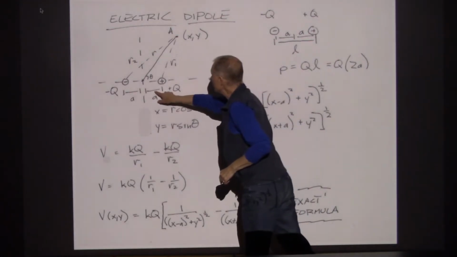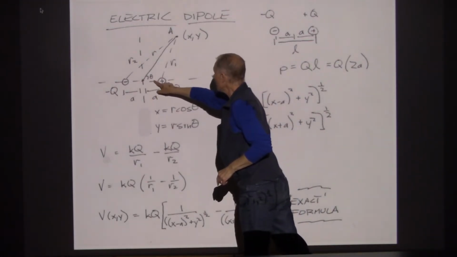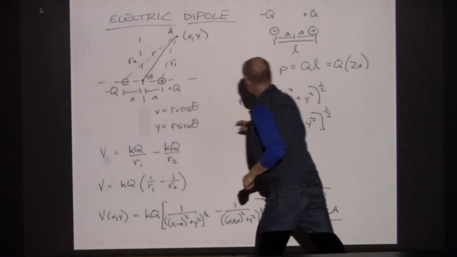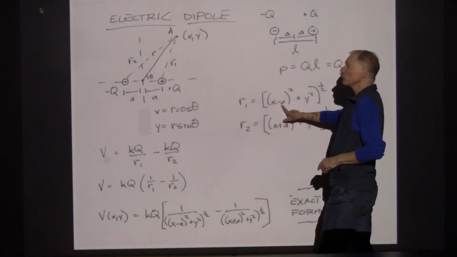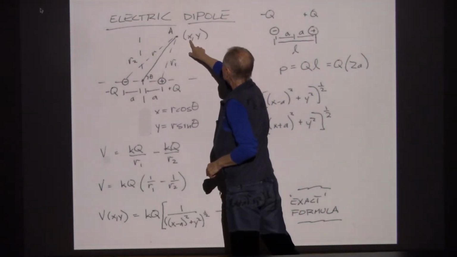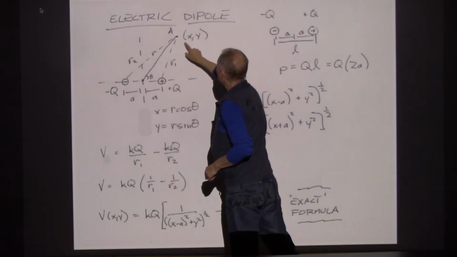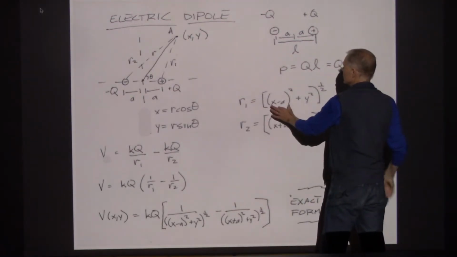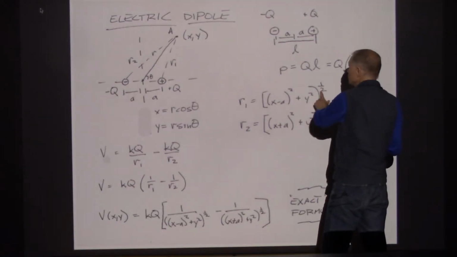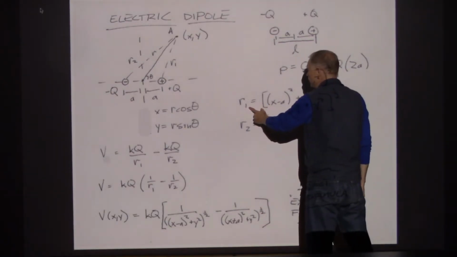So that's the effect of having the location here rather than at the origin. I can just subtract that amount from the x value. So notice point A is at the location of x and y. I'm using Pythagoras' theorem to say the square root of (x minus a) squared plus y squared, that gives me r1.